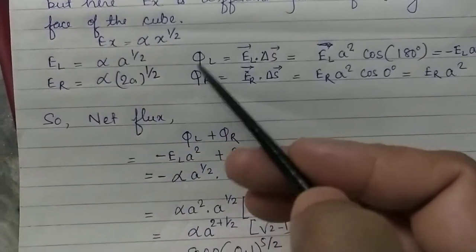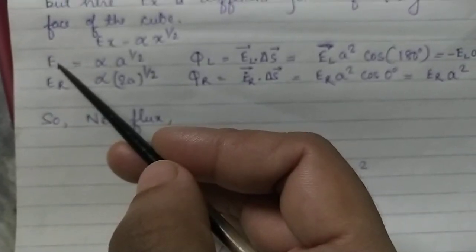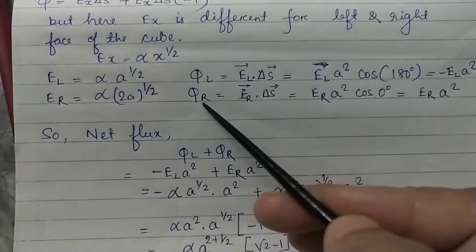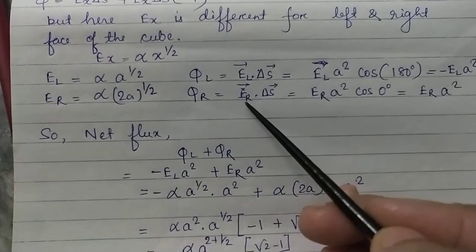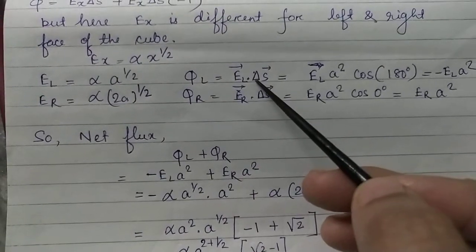I will calculate the flux for the left face, that is phi L equal to E_L dot dS. Right face, same, E_R dot dS. For the left face, what is the angle?